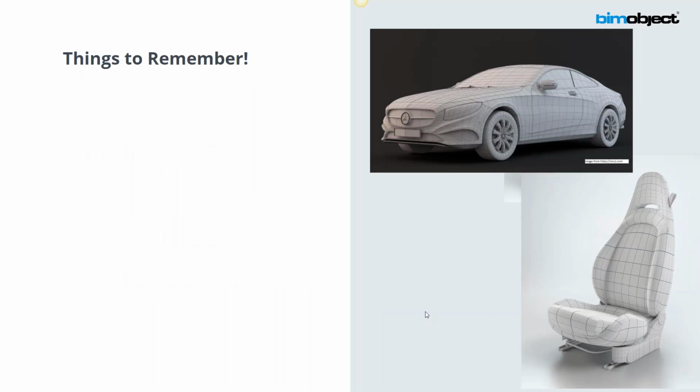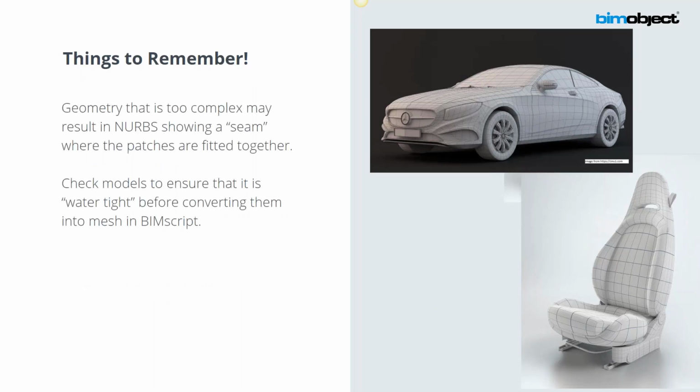There are certain things that you need to remember though when you're talking about NURB modeling. When you start working on geometry that's too complex, you may get results that show a seam.